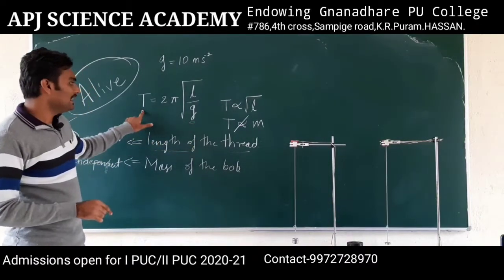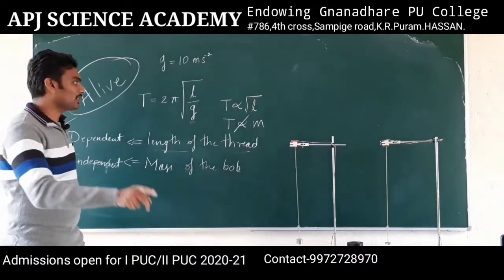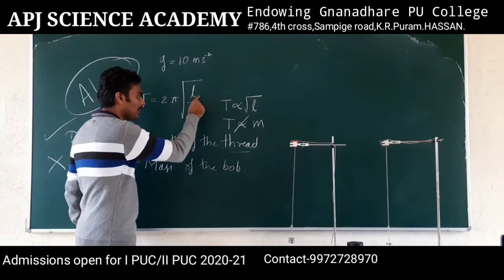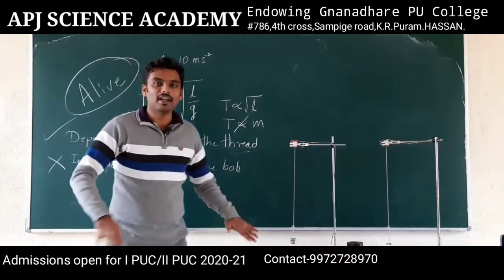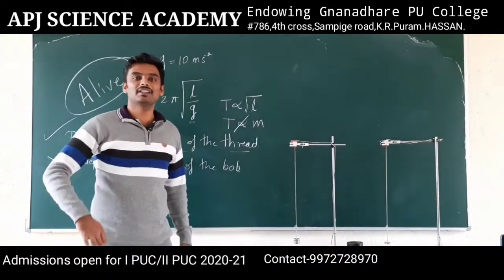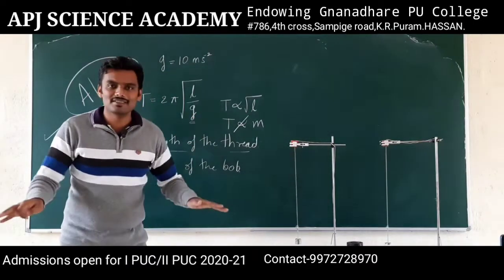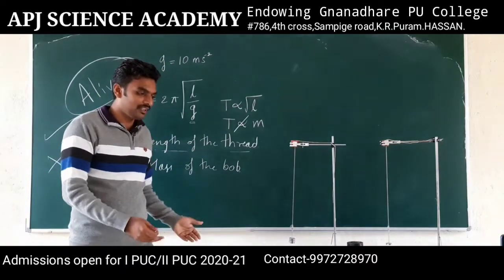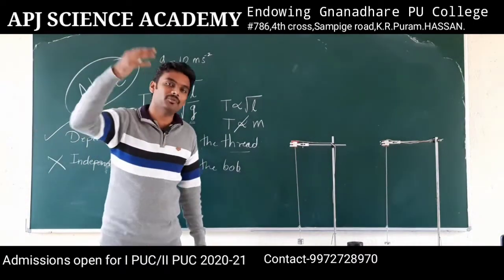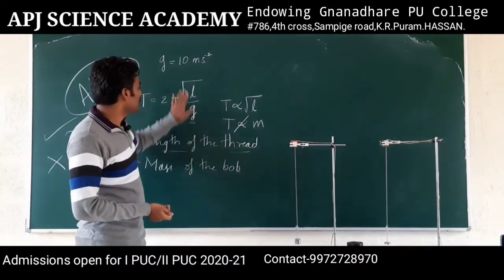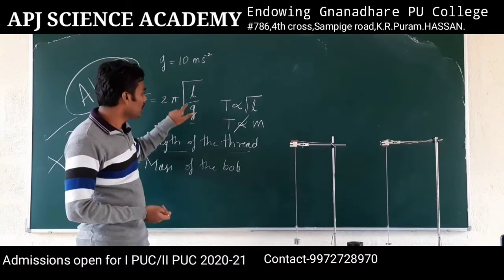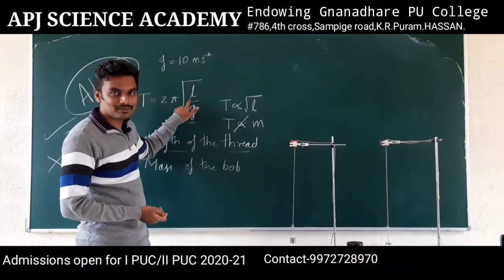So now T is dependent on only two factors: the length of the pendulum and the acceleration due to gravity. Since we are on earth and not accelerating vertically, this g will not change. It's 10 meter per second squared here, it's 10 meter per second squared somewhere in your home, it's fixed. So the only factor that I can change is length.